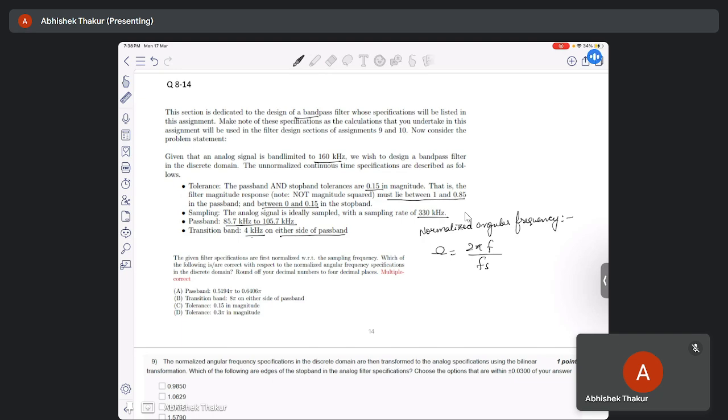Here f is the unnormalized frequency and fs is the sampling frequency. And the tolerance specification does not change.